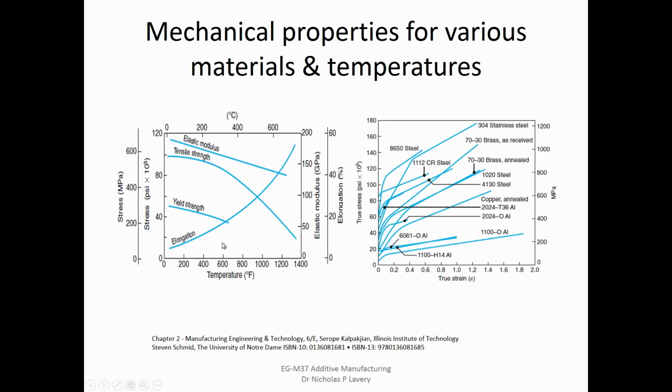In fact, most properties go down, although you might get slightly more elongation. But here are some of the nice stress strain, true strain curves of various different alloys. So you've got some of aluminium, steels, brass, 304 steel.